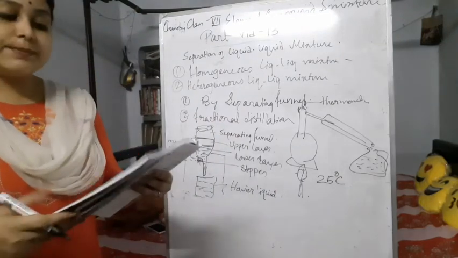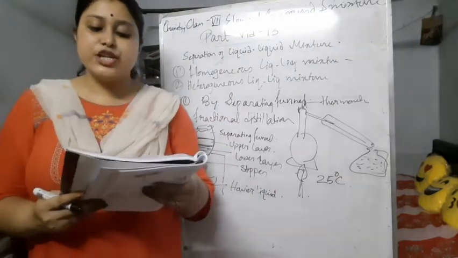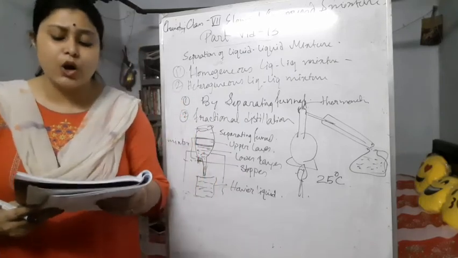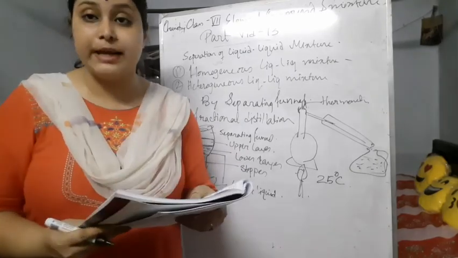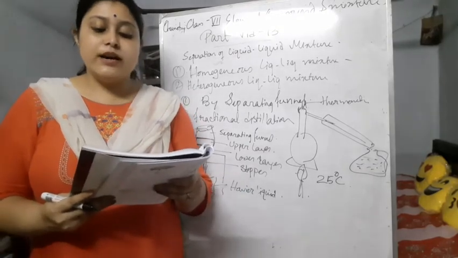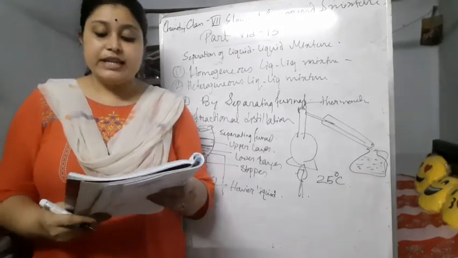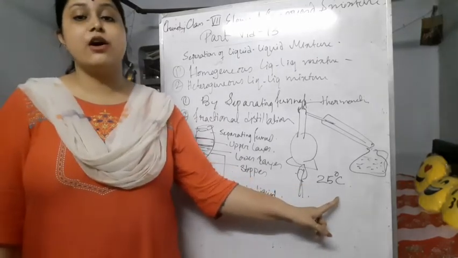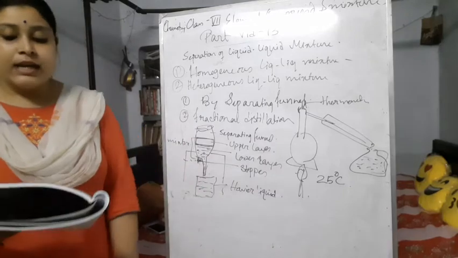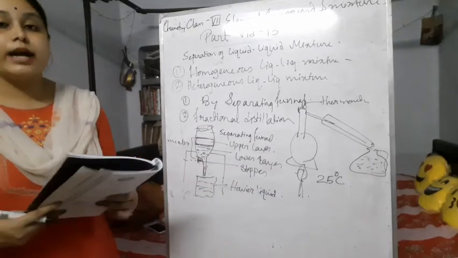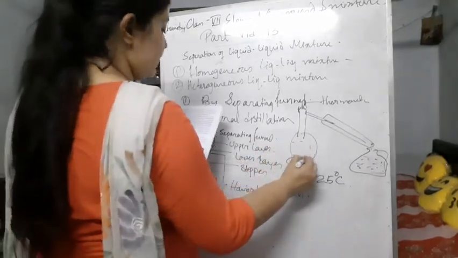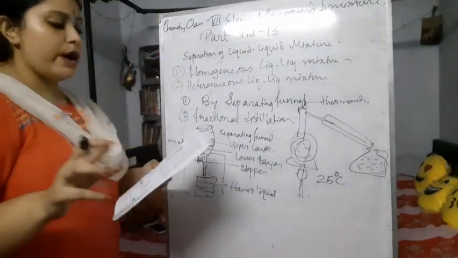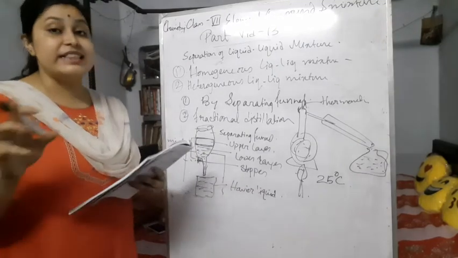So what is the procedure? The process of distillation used to separate the components of a homogeneous liquid-liquid mixture on the basis of the difference in their boiling points is called fractional distillation. The difference in boiling points must be 25 degrees Celsius or more. For example, if a mixture of water and alcohol is taken in this vessel, the alcohol boils at a much lower temperature than the water.